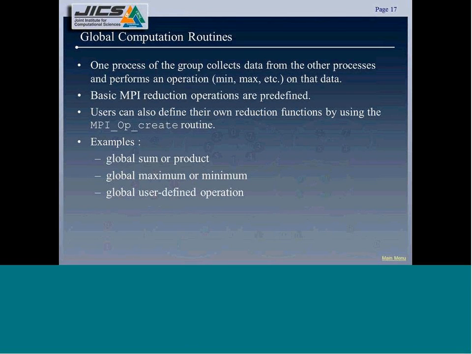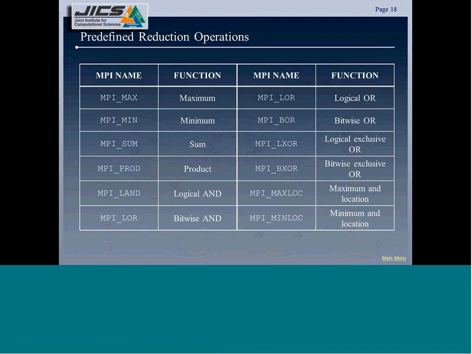In fact, a lot of these MPI reduction operations are predefined: sum, product, maximum, minimum. MPI also allows you to define your own reductions by using the MPI_Op_create routine. We'll talk about that functionality, but let's at least mention some of the predefined reduction operations.